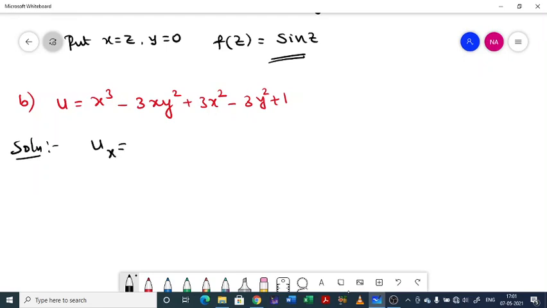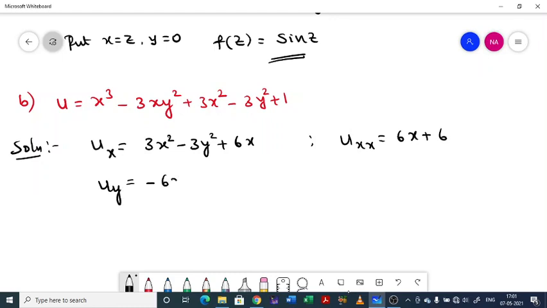U x equal to 3x square minus 3y square plus 6x. U double x equal to 6x plus 6. U y equal to minus 6xy minus 6y.